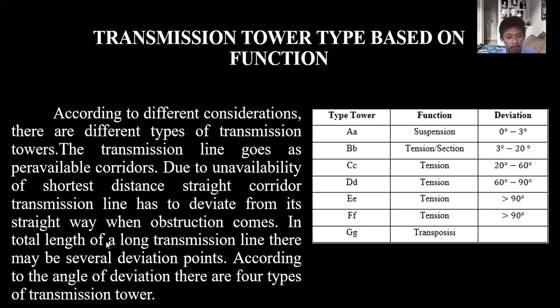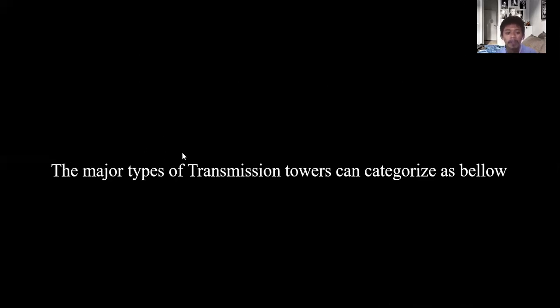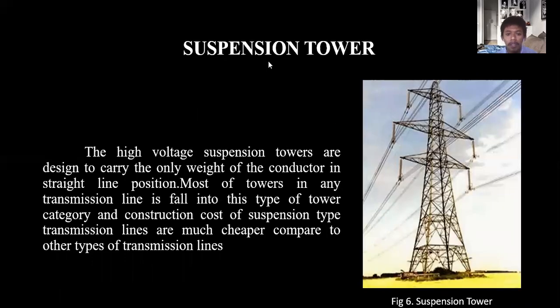In the total length of a long transmission line, there might be several deviation points. According to the angle of deviation, there are four types of transmission tower. Stable type tower AA, function suspension, deviation 0 degree until degree. The major types of transmission towers can be categorized as below.